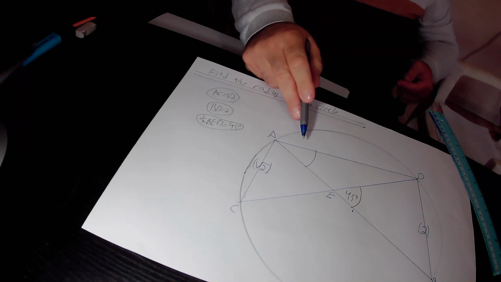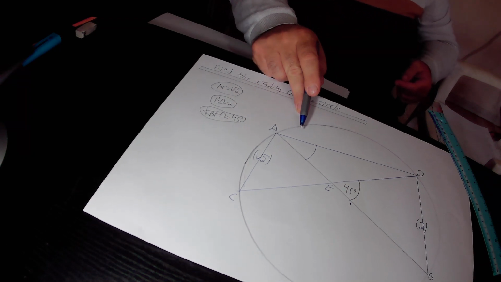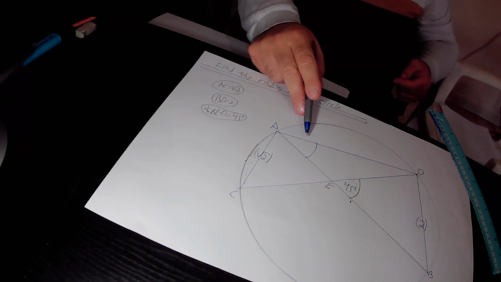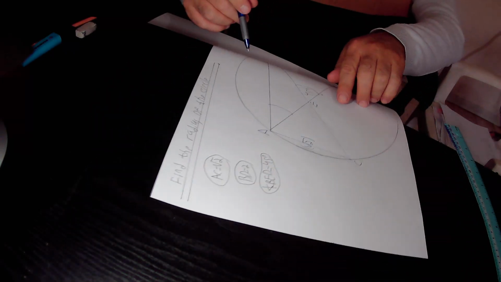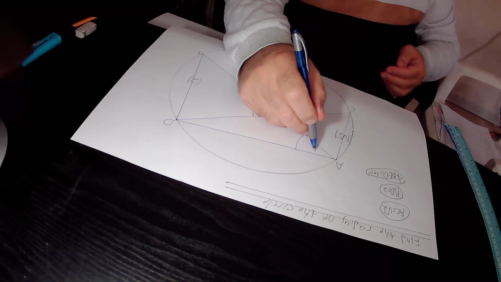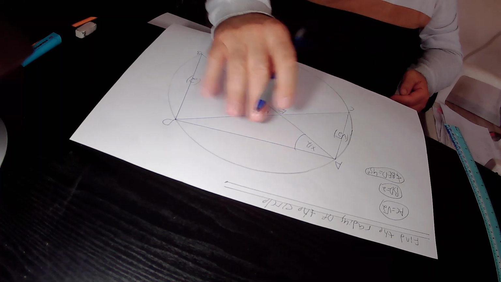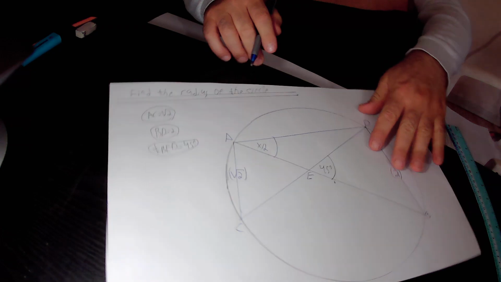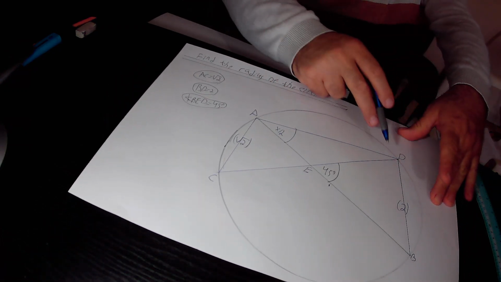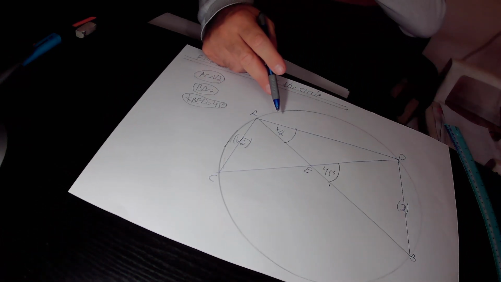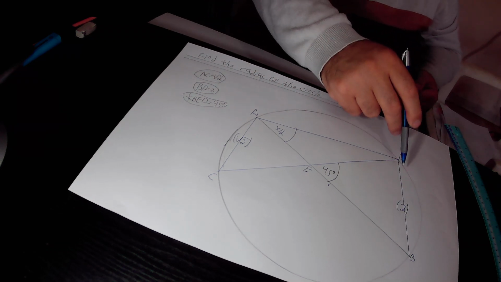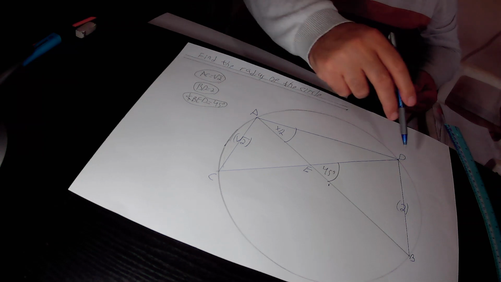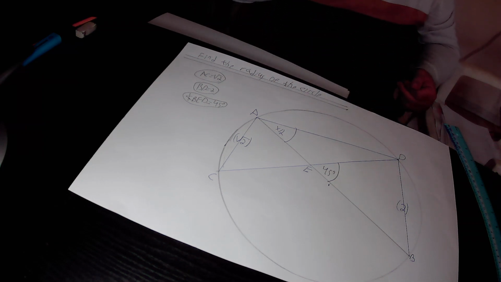We define the size of this peripheral angle DAB as x over 2. So peripheral angle DAB equals x over 2 degrees, and it subtends on chord DB.